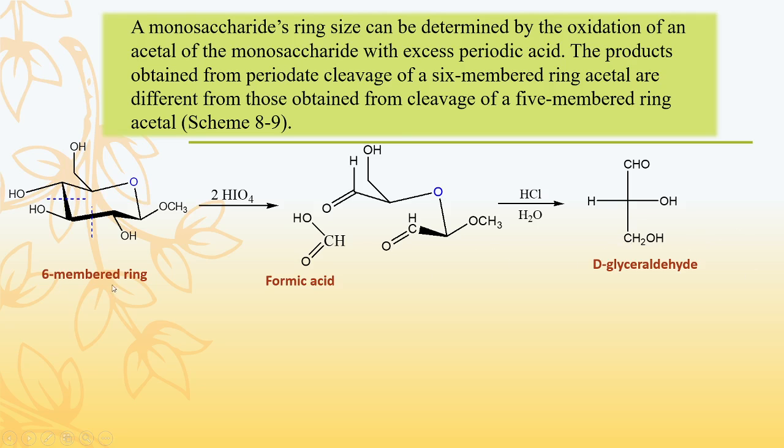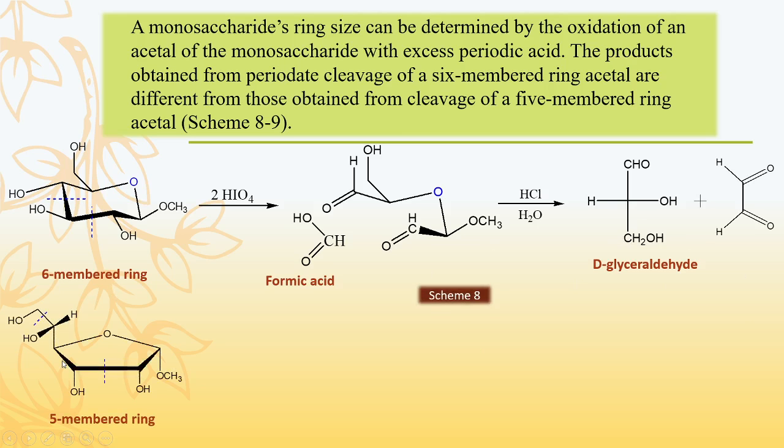When it is a 6-member ring, the product is D-glyceraldehyde, and when the sugar is a 5-member sugar, then there is this OH and this OH, therefore breakage of this bond. Here again are two OH groups, therefore breakage of this bond when reacted with HIO4.